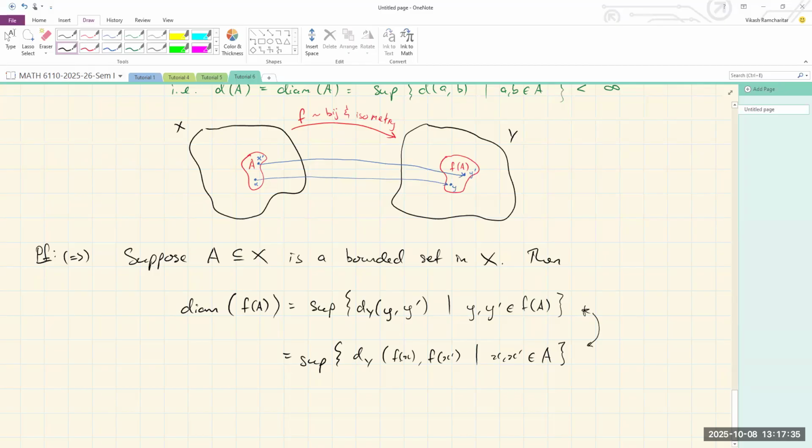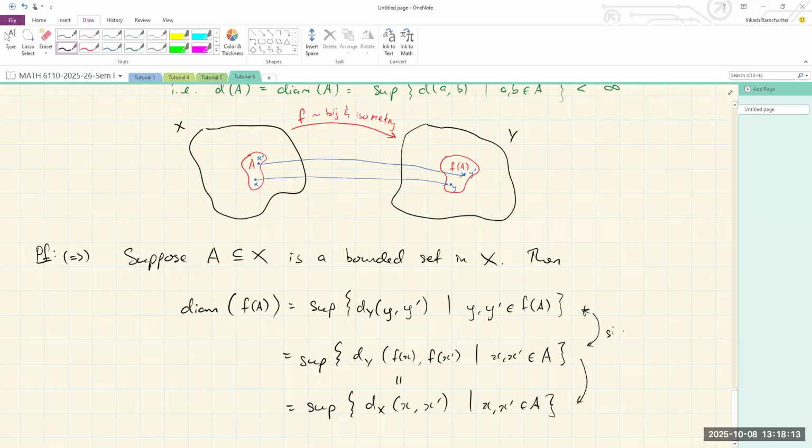I'm saying that y was equal to f of x, this y prime was equal to f of x prime, and the x and the x prime came from A. Okay, so the picture now makes it a lot nicer. But f is an isometry. So this distance in Y is the same as the distance in X of x and x prime. Remember f is an isometry, so by definition, these two are equal, where x and x prime belong to A.